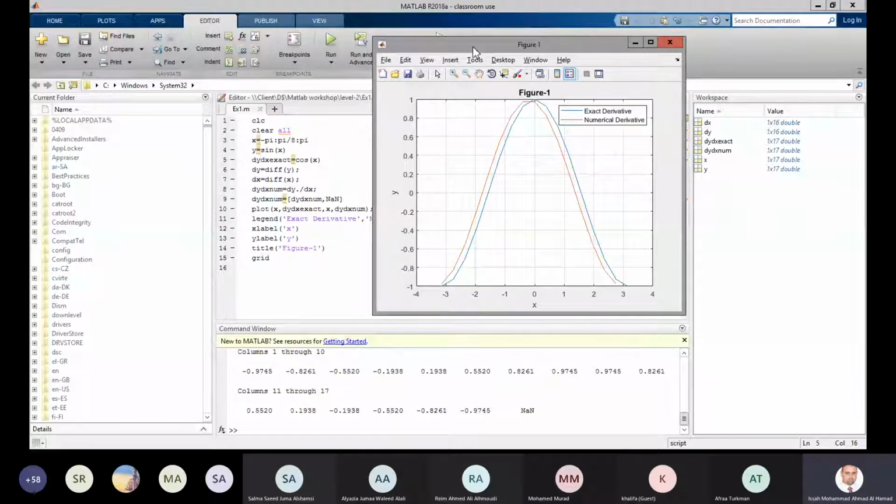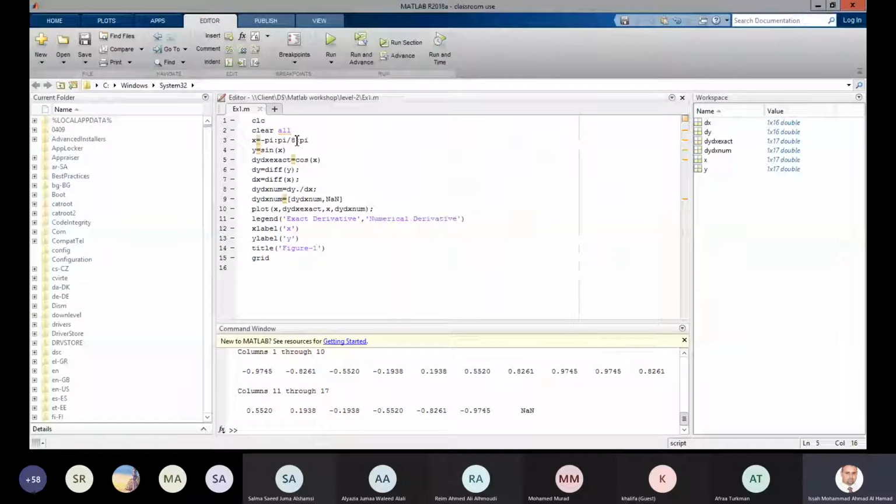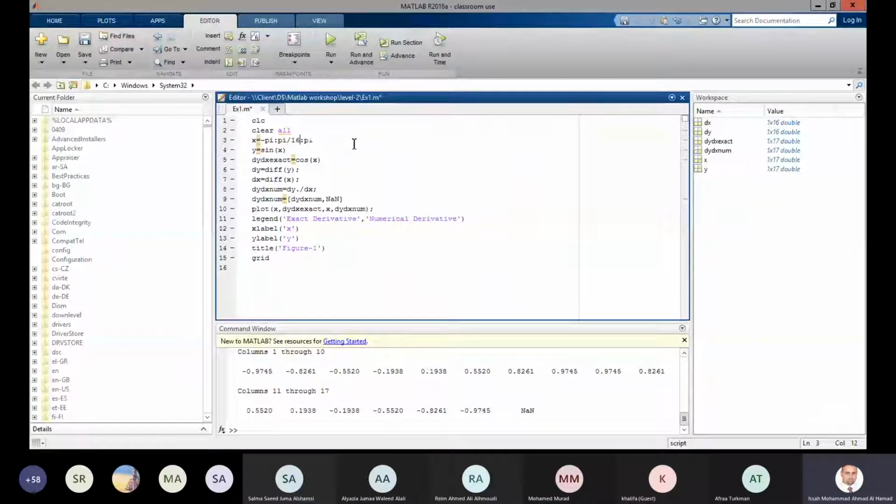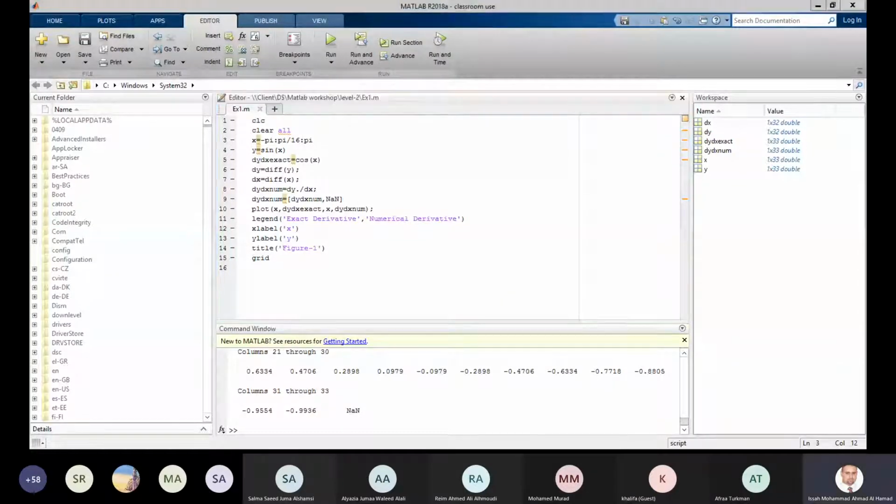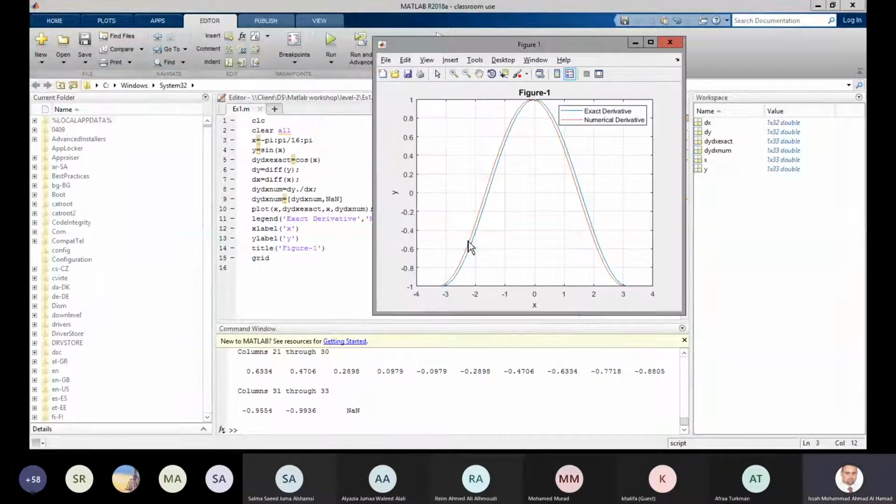Now, if you need to increase the accuracy, you can make this, for example, 16 and plot it again. Okay, so you have better accuracy now. However, you can also increase it a little bit. You can make it 32, you can make it whatever increment you like, based on your application.